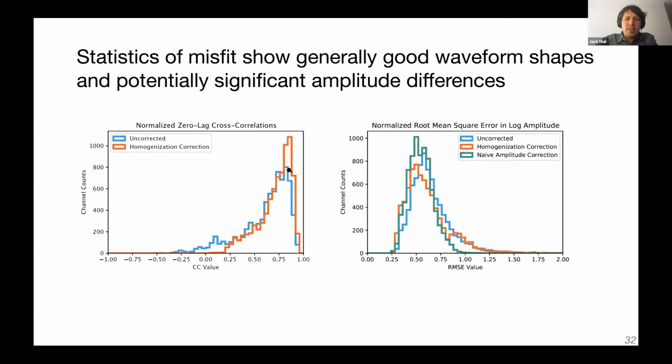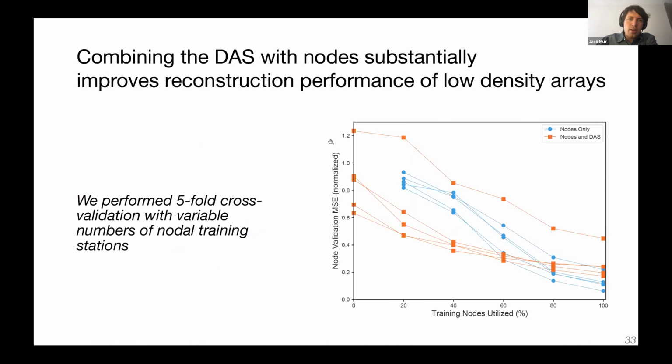So we're typically getting the correct wave fields for most of the array, but we have relatively significant amplitude errors. And so the idea here is that we can actually correct for the ground coupling of the DAS array using the nodal array and Wavefield reconstruction.